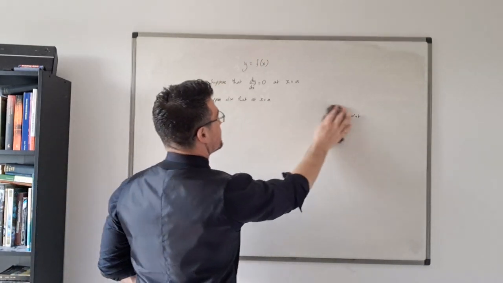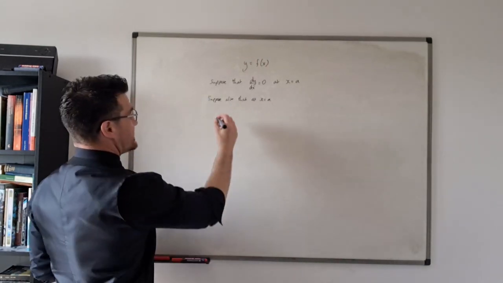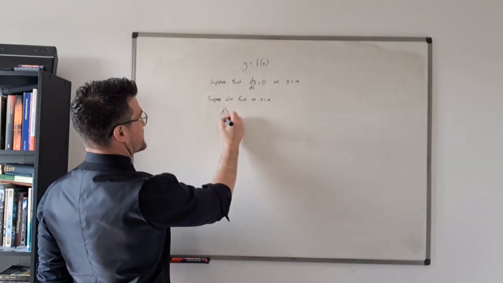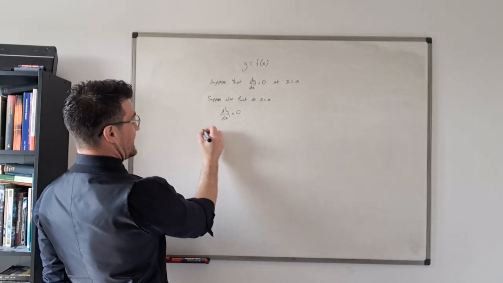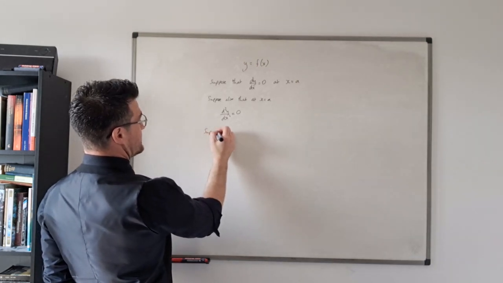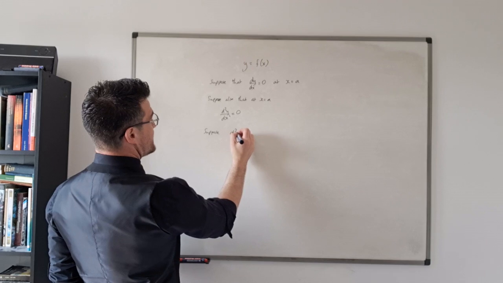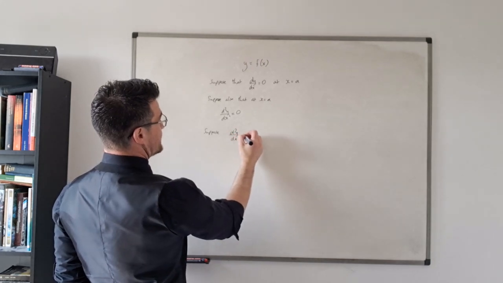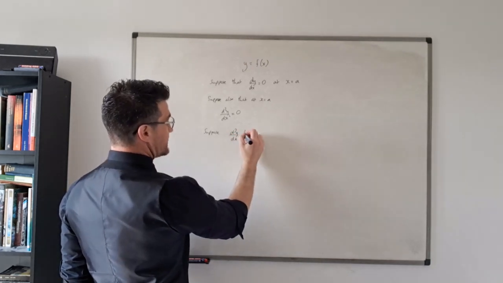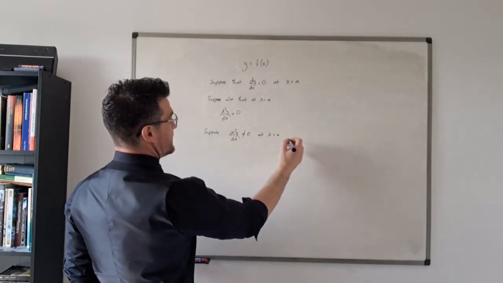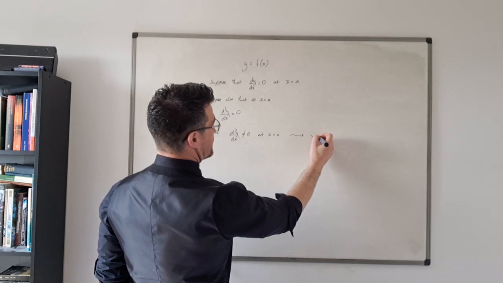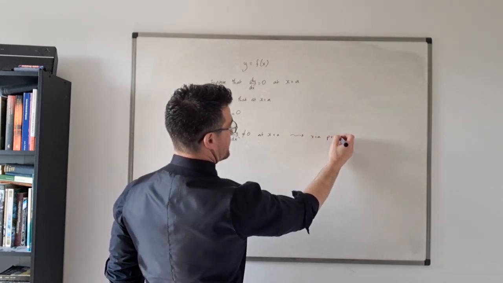Suppose also at x equals a that d2y/dx squared is equal to 0. Now suppose that d3y/dx cubed is not equal to 0 at x equals a. That implies x equals a is a point of inflection.